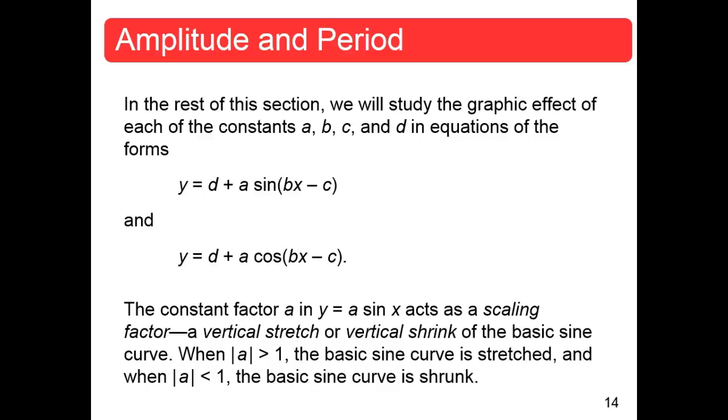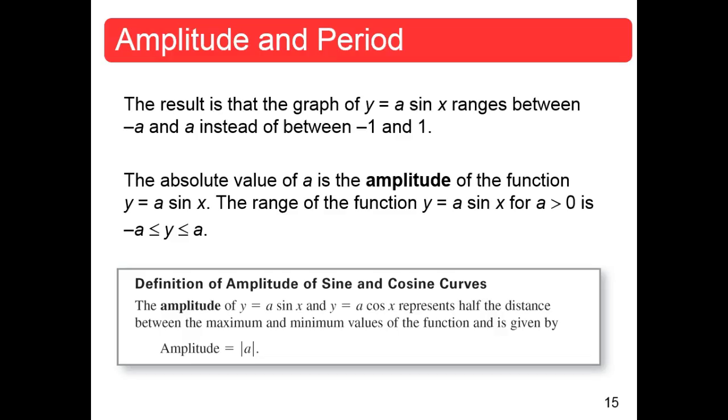Or vertical shrunk. Never mind. So the result is that the graph of y equals A sine x ranges between minus A and plus A rather than between minus 1 and 1. We did that before. What does sine range between? Minus 1 and 1. You multiply by A. If A is a small number, it might be minus 1/2 to 1/2.